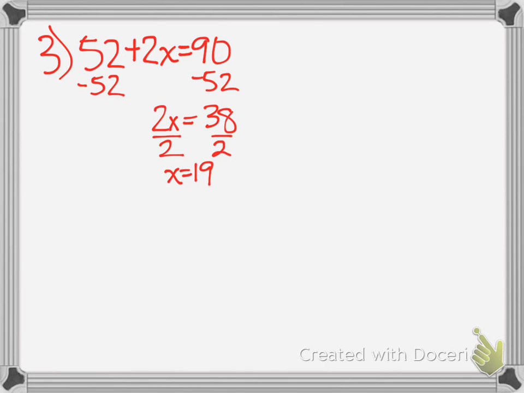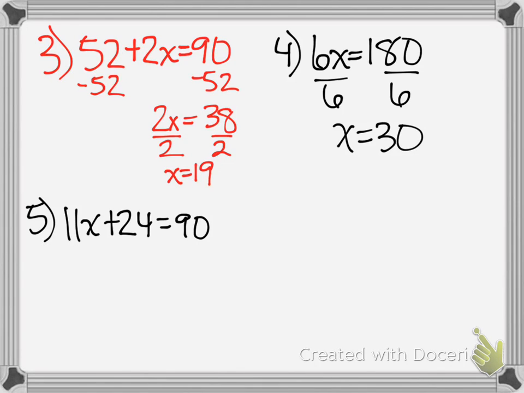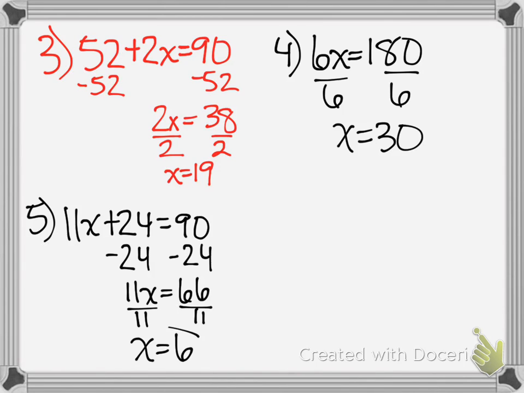So we should end up with x equals 19. 6. You should get x equals 30. Wonderful. Divide both sides by 6. So x equals 30. Good. Good. Then we would divide both of them. And x equals 6.